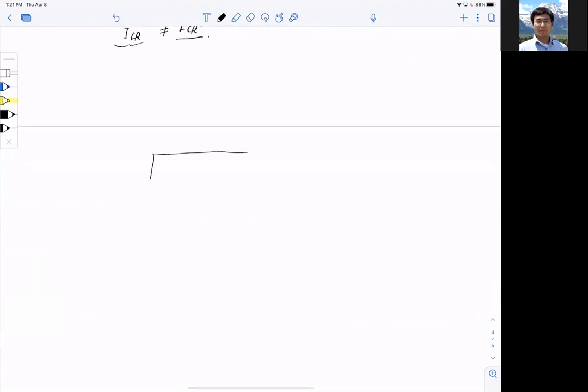Look at the section here, it's a T-beam, and here I have my reinforcement. I convert my reinforcement, which is 4 number 9 plus 1 number 11, multiplied by n.